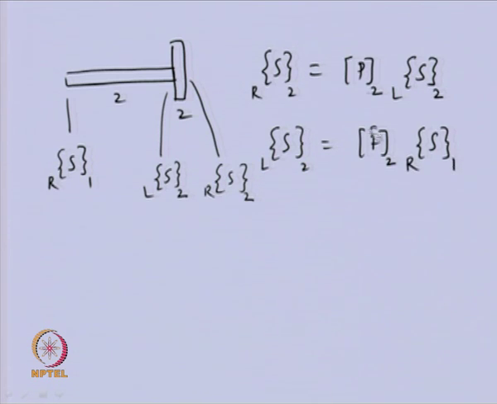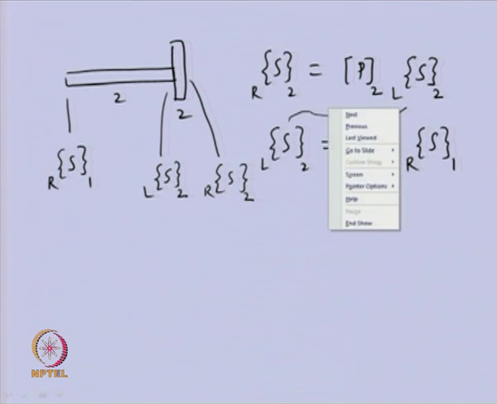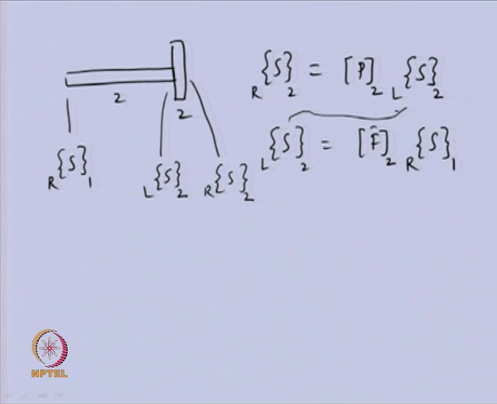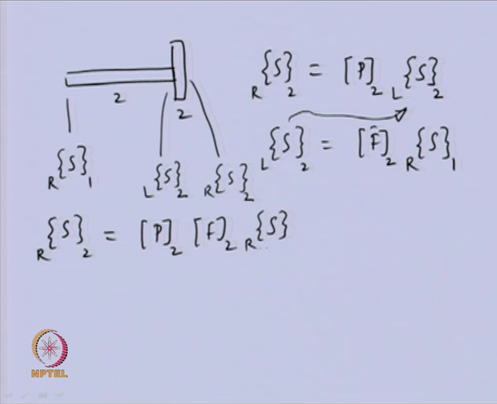These two equations can be combined. We can see that this particular state vector can be substituted here. So, what will we get? We will get the state vector right of 2 is equal to P 2, the point matrix for disk 2, into F 2 and the state vector right of 1.